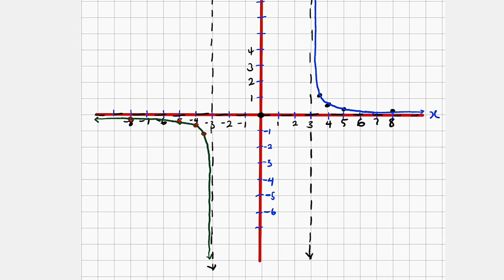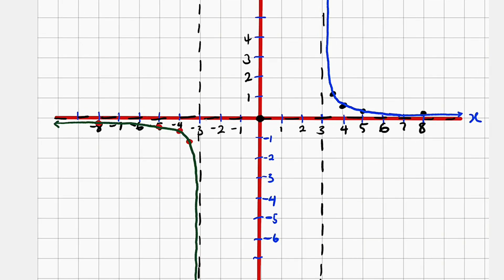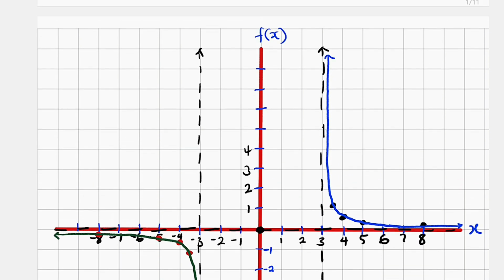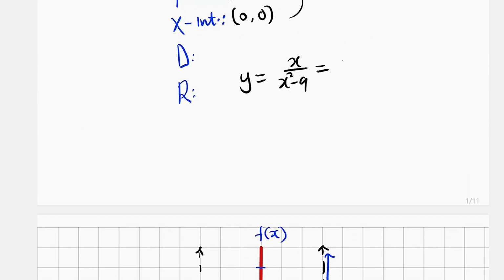So all we have to do next is to test some values at the center. All right, let me test for when x is -2.5. This will be -2.5 divided by -2.5 squared is 6.25, minus 9 is -2.75.